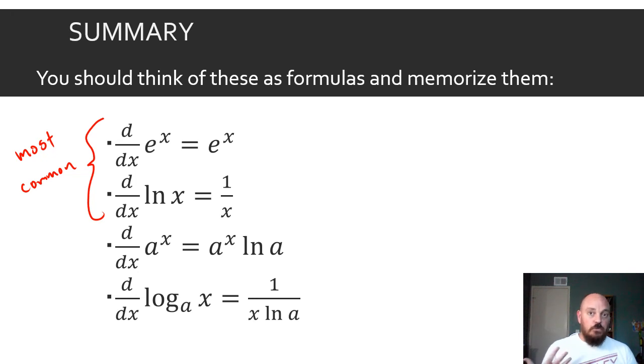So make sure you really, really know how to do the e to the x and natural log x ones. The other ones, it's good to know, but you're not going to see them nearly as often. But the good news is it's basically the same thing, except for that extra constant. You have an extra natural log a here and here, but other than what I circled in green, it's almost the exact same problem twice in a row.